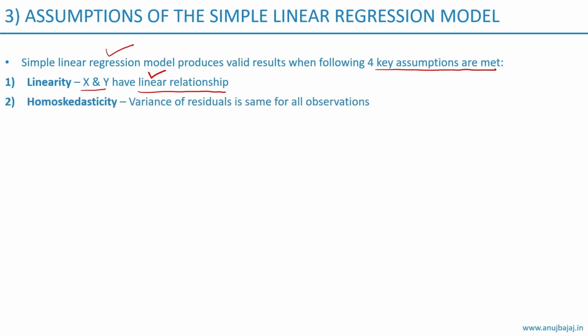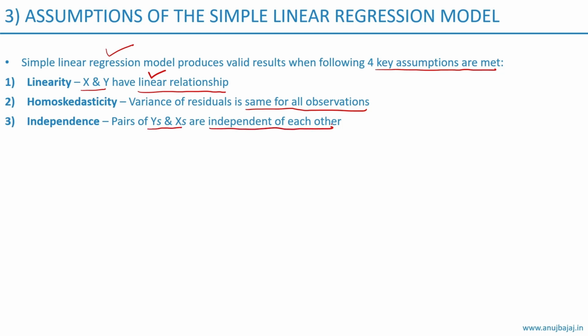The second assumption is homoscedasticity, which means that the variance of residuals should be the same across all the observations. The third assumption is that the pairs of x and y should be independent of each other. And the fourth assumption is that the residual terms, that is, the error terms, should be normally distributed. We will look at each assumption in detail over the next few slides.